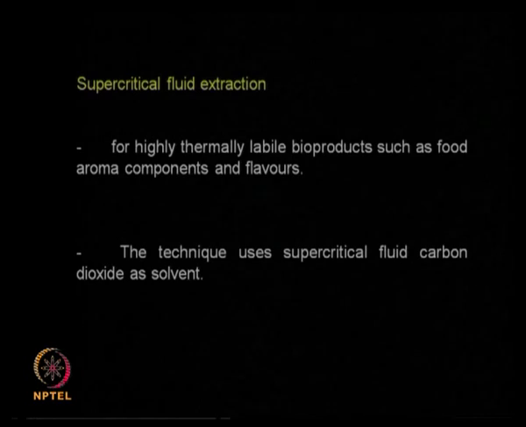So with reasonably good values of pressure you will be able to get a supercritical carbon dioxide. So it acts as a solvent. So a supercritical fluid is neither a gas nor a liquid, so it is in between. So it has got very interesting properties which is made use of in the supercritical fluid extraction.